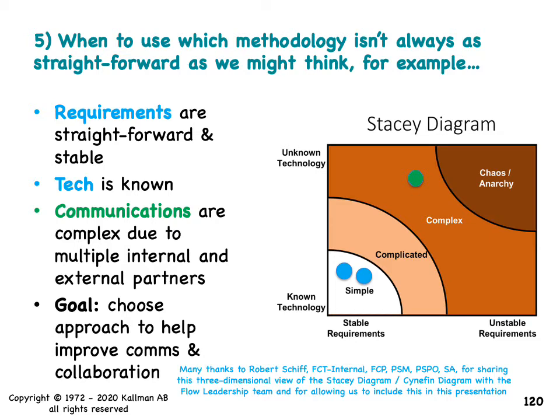And what you would want to do is make a hybrid and put in as many elements of Agile as you possibly can down into that simple corner in order to alleviate the communication blockers that you're going to get, because we know at minimum your communications are going to be complex or complicated, and it could go anywhere from that to complex to even chaos and anarchy.